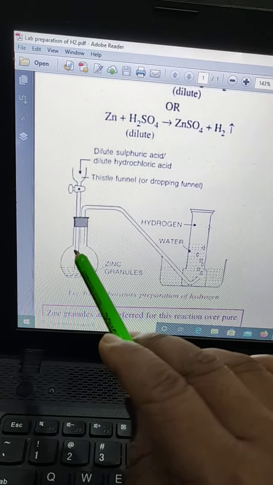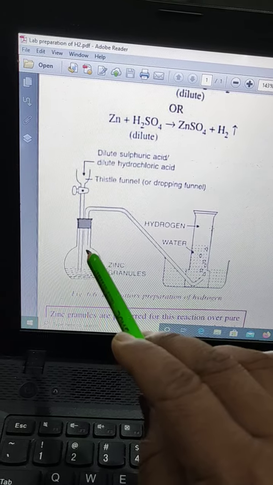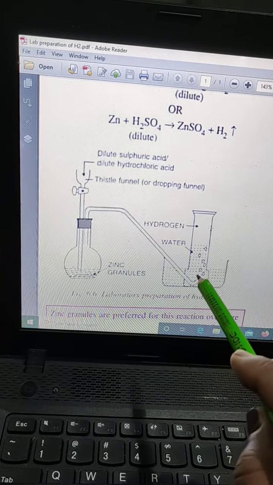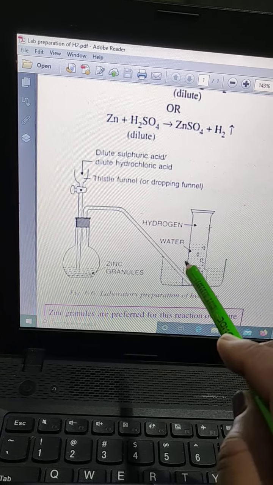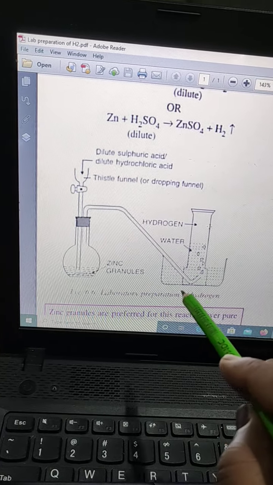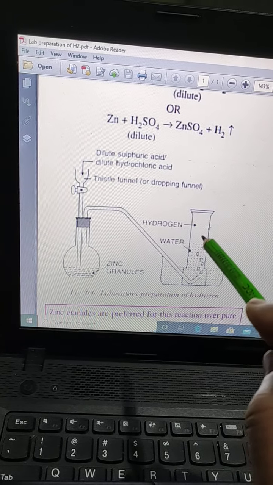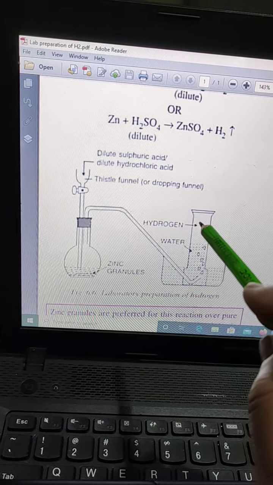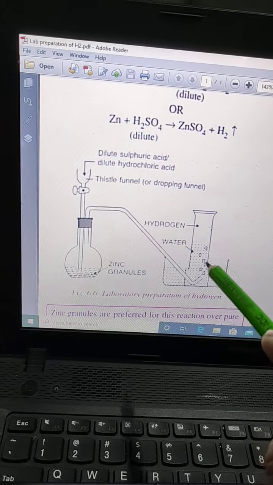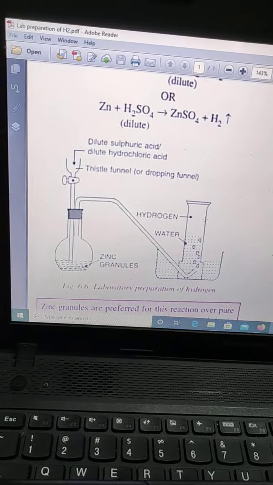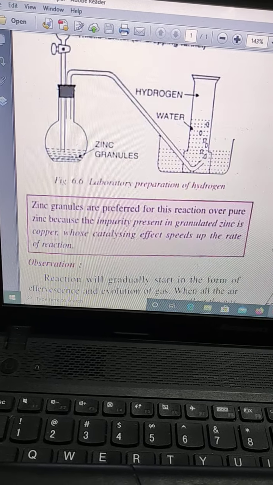The hydrogen gas produced passes through the delivery tube into a trough where the gas jar is kept in an inverted position in water. The hydrogen gas starts collecting by the downward displacement of water. So this is the whole process of how hydrogen gas is prepared in the lab.